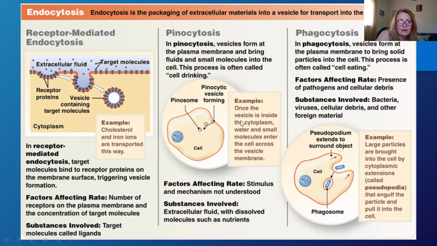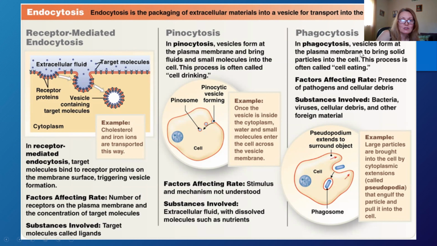So examples would be water and small molecules, as we just said, right? Substances involved are extracellular fluid with dissolved molecules such as nutrients. That's pinocytosis, so movement inside a cell within a vesicle formed from the cell membrane, but it will be fluids and dissolved substances, right? And this does require ATP.